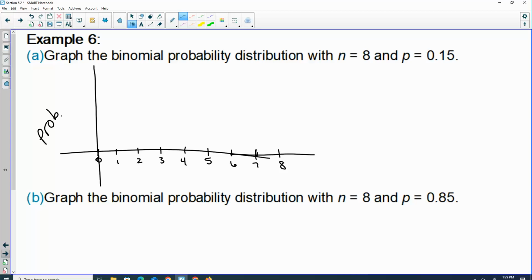So my y-axis, count by 0.05. At 0, my probability is 0.2725. One is 0.3847, so not quite.